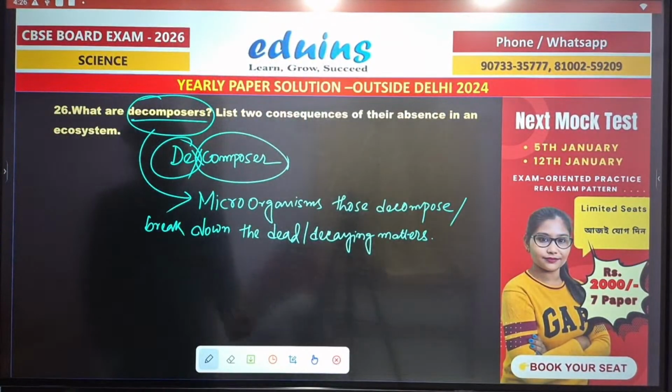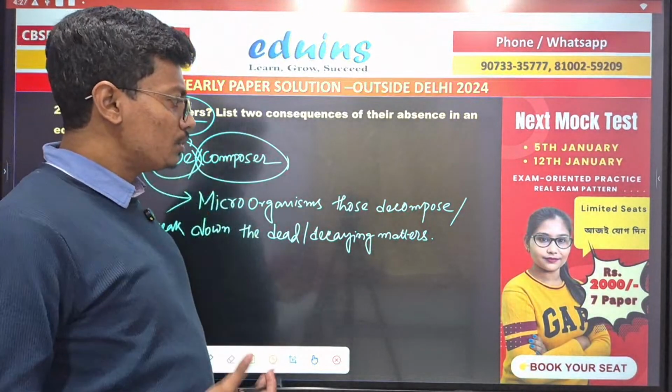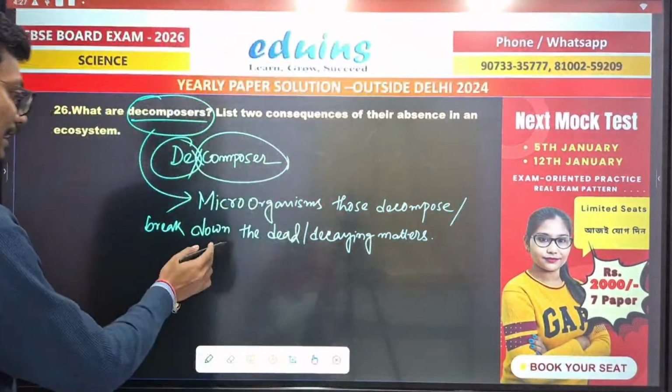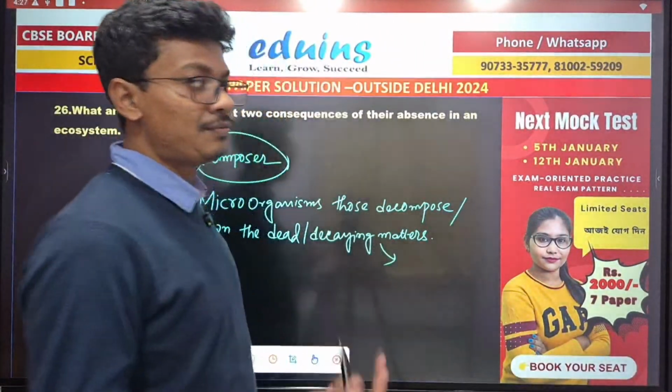These microorganisms are known as decomposers. Okay, clear, Bishan? What are the decomposers? The microorganisms that decompose or break down the dead or decaying matter into simpler form.